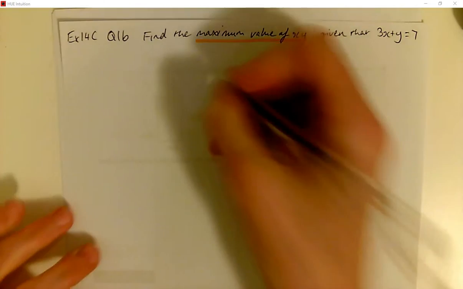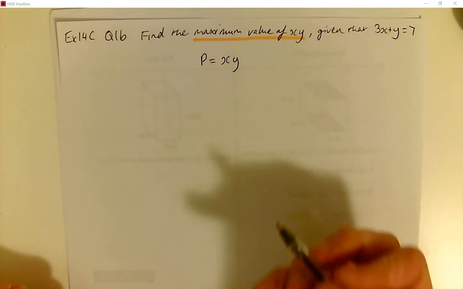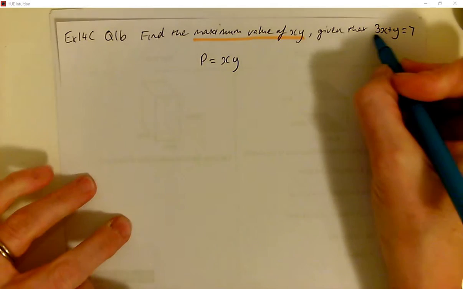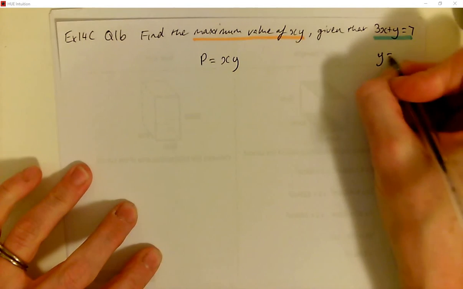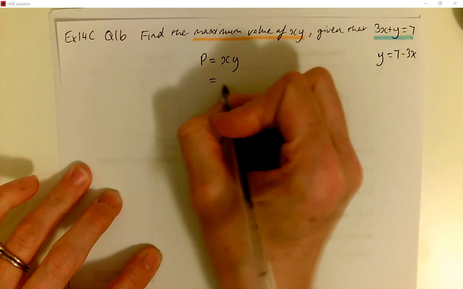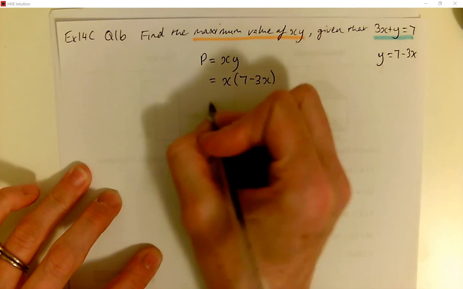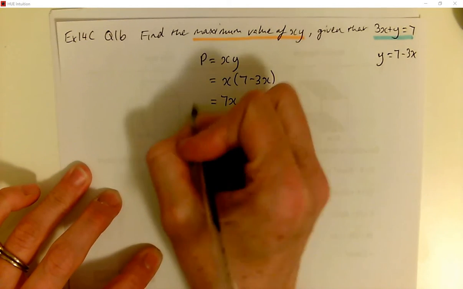So I'm going to call that product p, which is xy, and we're eventually going to find dp by dx. Here's our constraint. We're going to use that to get the relationship between x and y. So we've got y is 7 minus 3x. So that means our product is x times (7 minus 3x).